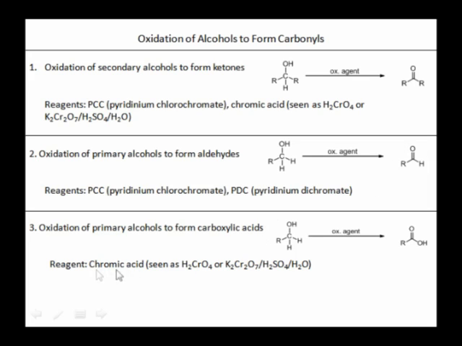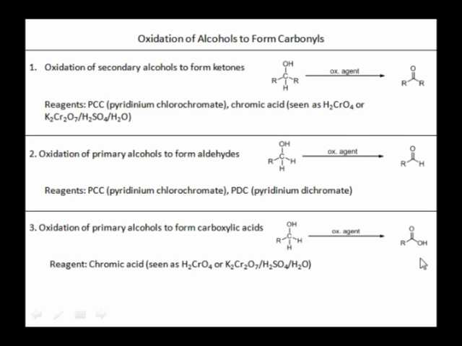If we use chromic acid instead, we will take that primary alcohol all the way up through two oxidation steps up to the carboxylic acid. So this is why we introduce two different oxidizing reagents. In the case of the secondary alcohol, either of them will take it to the ketone. That's as far as things can go with the oxidation of the secondary alcohol. The primary alcohol is more sensitive.